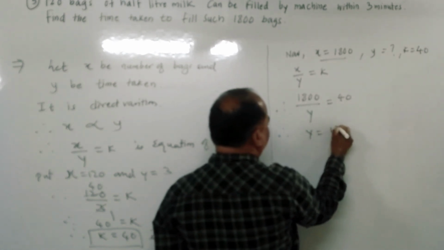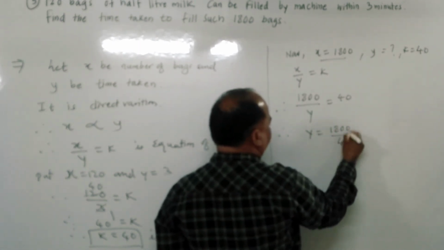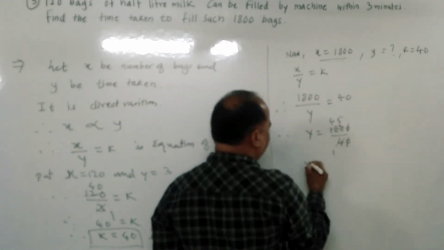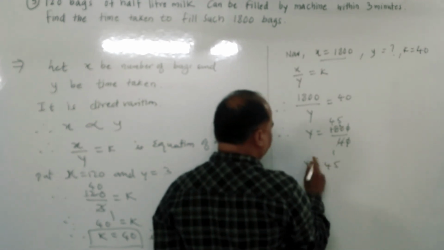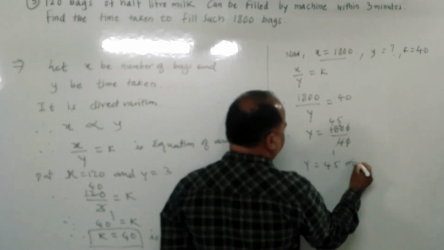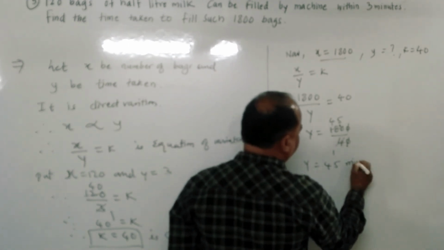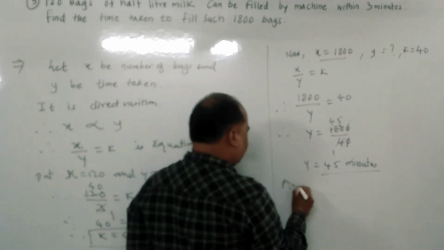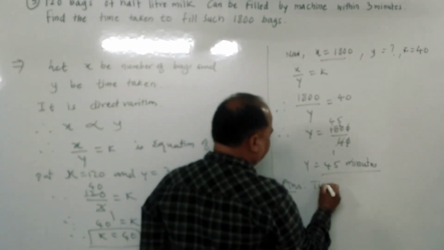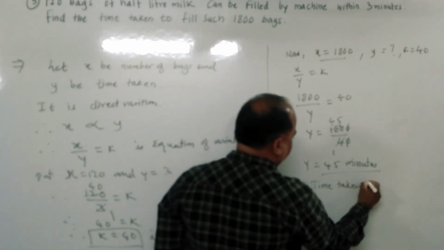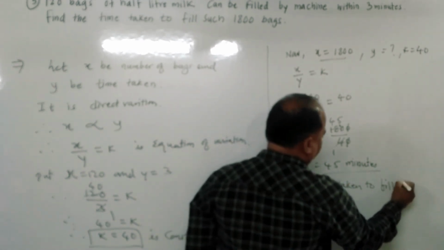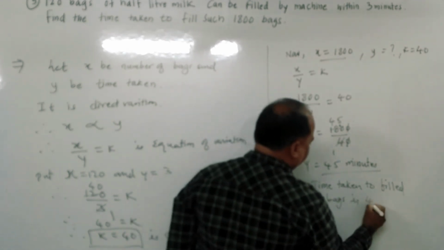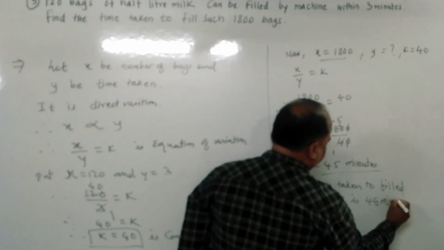Therefore, y is equal to 1800 upon 40. Zeros cancel. 4 ones are 4, 4 fours are 16, 2 fours are 8, 4 fives are 20, so 45. So y is equal to 45 minutes. The time taken to fill 1800 bags is 45 minutes.